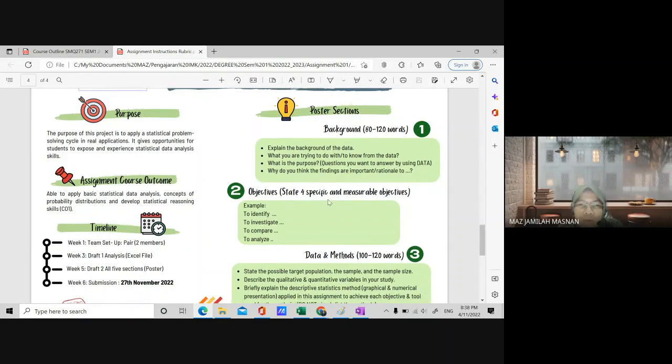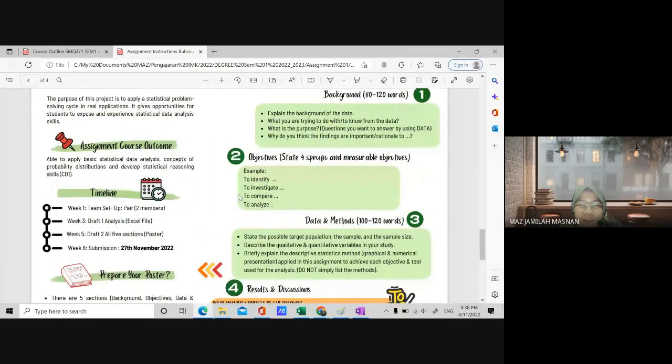After background will be your objective. It should contain four specific and measurable objectives. These are among the examples of the wordings: to identify what, to investigate what, to compare what, to analyze what.